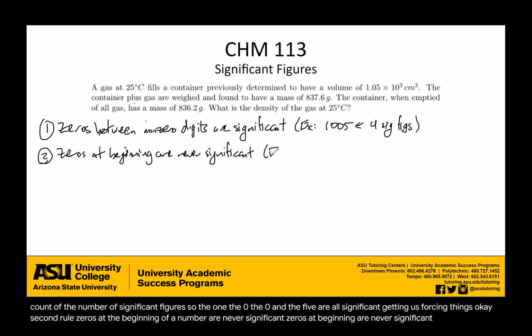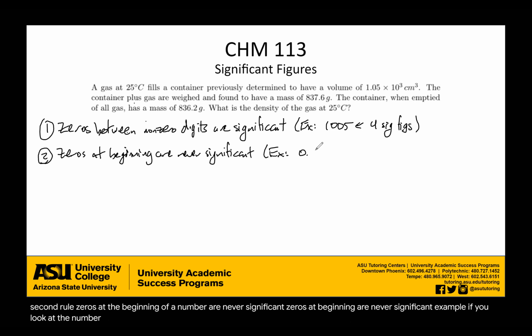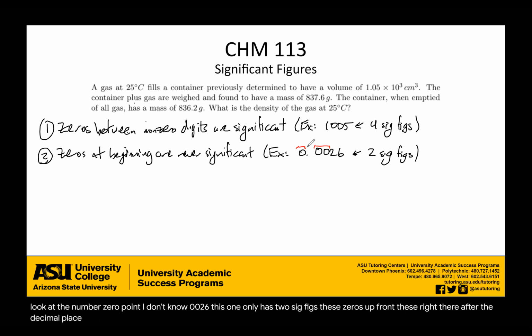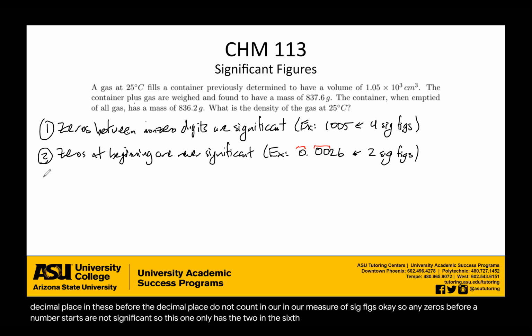As an example, if we look at the number 0.0026, this one only has 2 sig figs. These zeros up front, the ones after the decimal place and the one before the decimal place, do not count in our measure of sig figs. So any zeros before a number starts are not significant. This one only has the 2 and the 6.